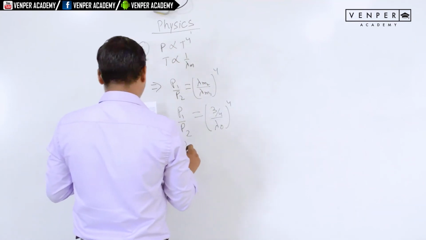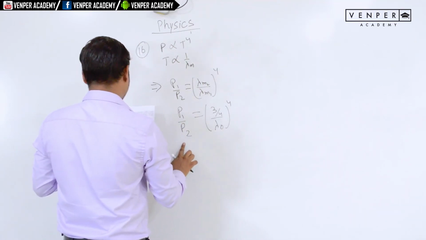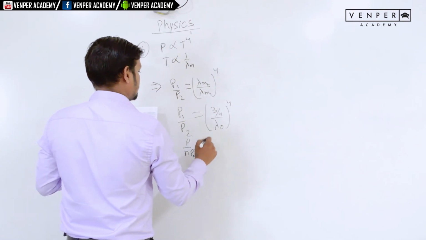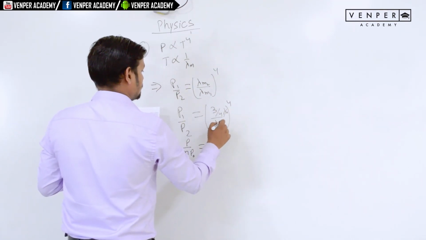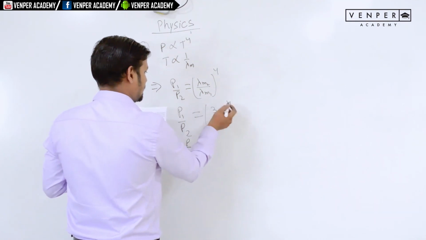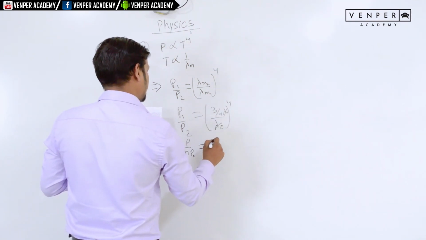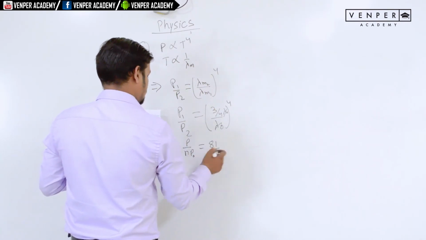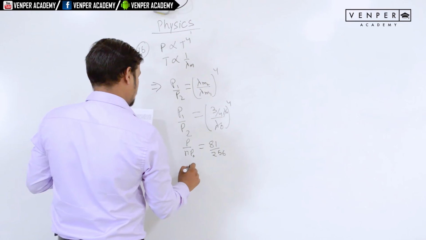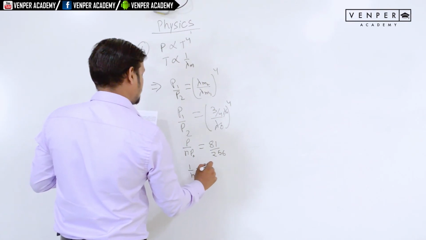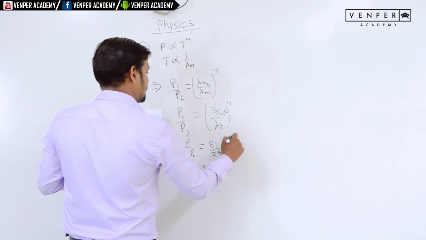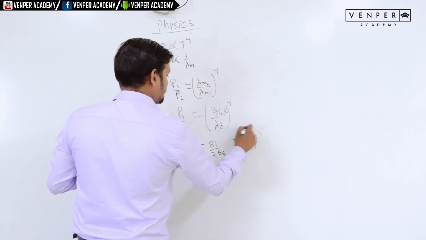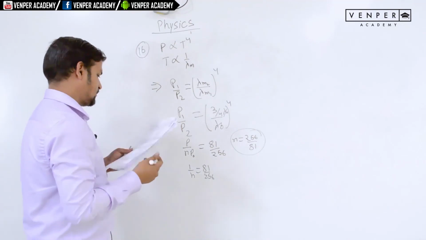So P1 upon P2 is given as P and NP is equal to, when you take 3 raised to power 4 it is 81 by 256, and 1 by N is equal to 81 by 256. So N will be equal to 256 by 81. So this is your correct, which option?